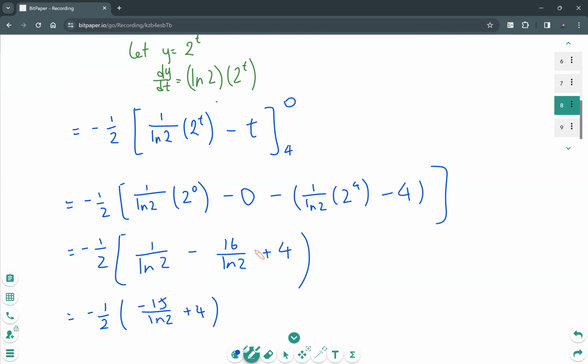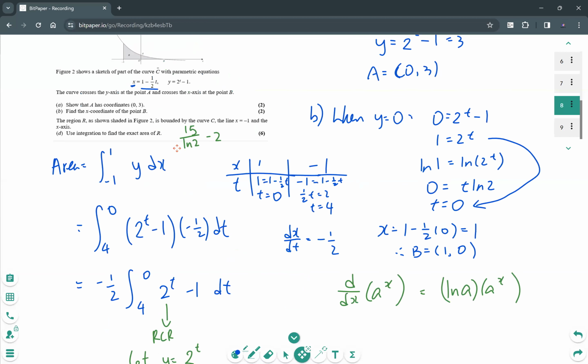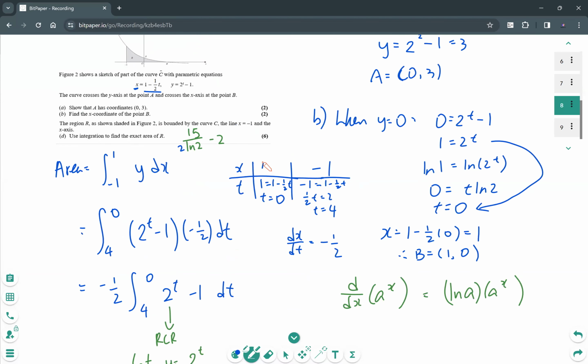If I substitute the minus a half in there, then I will get 15 over 2 ln2 minus 2. Sorry, if you got it wrong because there's no 2 in the front, apologies. My mistake. The final answer should be 15 over 2 ln2 minus 2.